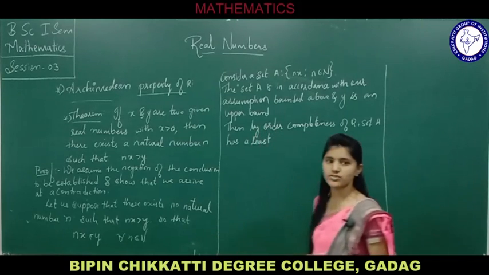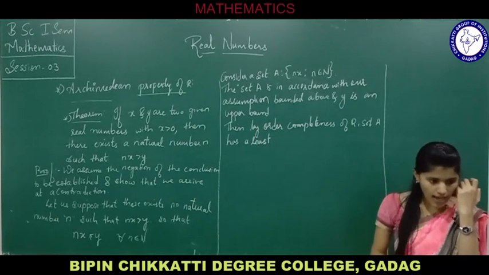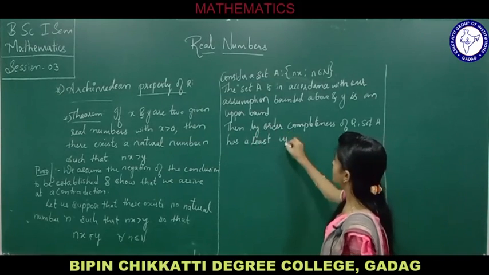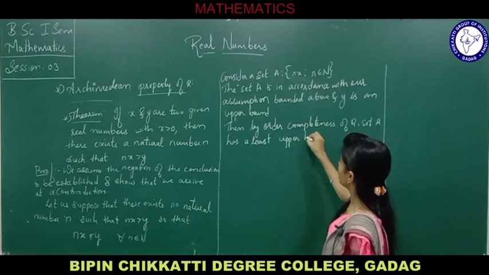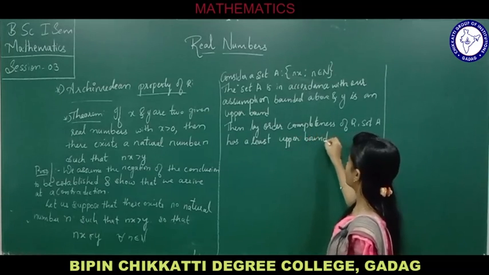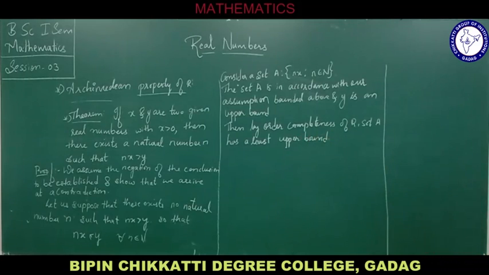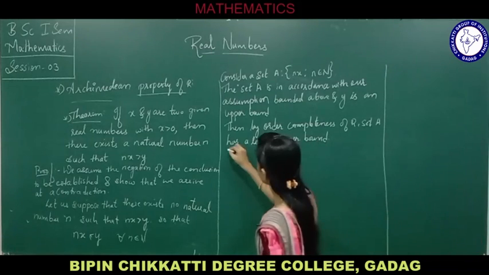If set A has the least upper bound, let alpha be this least upper bound.